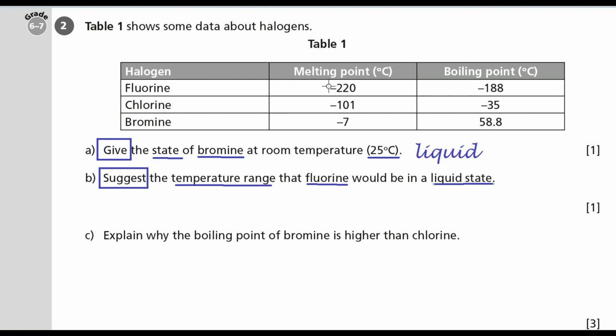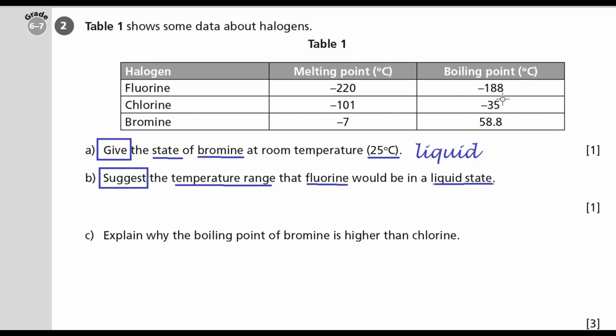-220 degrees centigrade. This means melting happens as a phase change. That means the substance can be both solid and liquid at this temperature. So the lowest temperature that fluorine can be a liquid would be -220 degrees C. The boiling point is -188 degrees C. Again, this is a phase change.